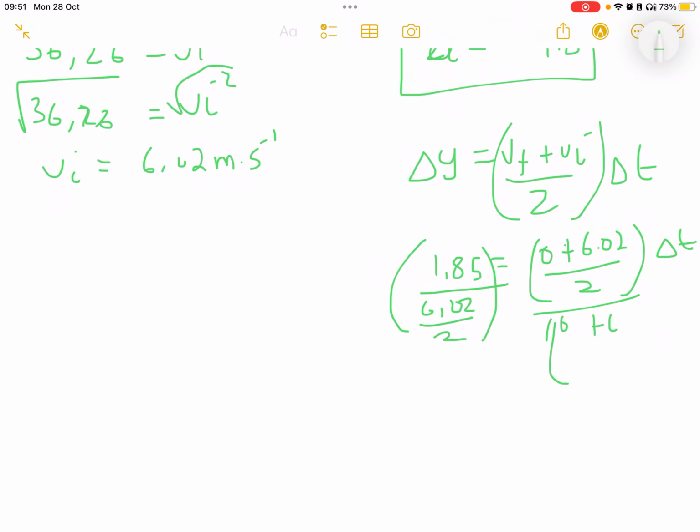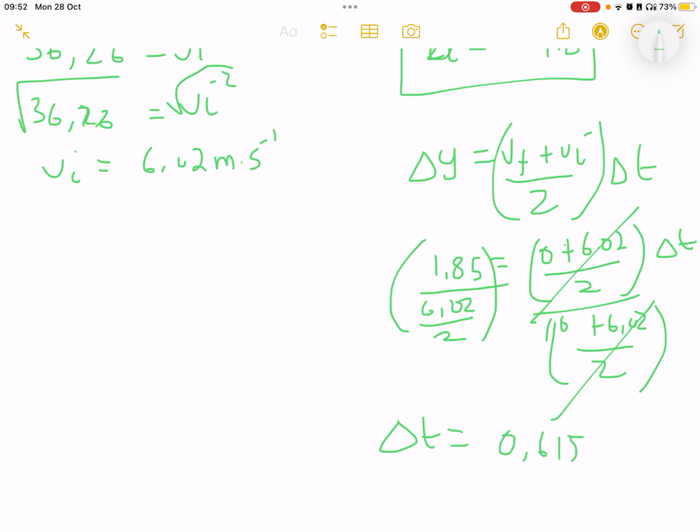You just write it as it is, and you get your delta t, which equals 1.85 all over 6.02 over 2. Then we get 0.615.